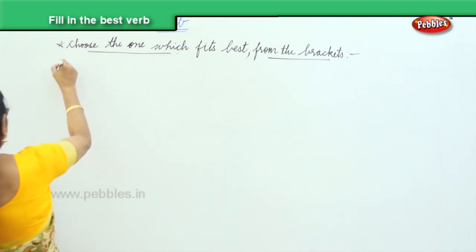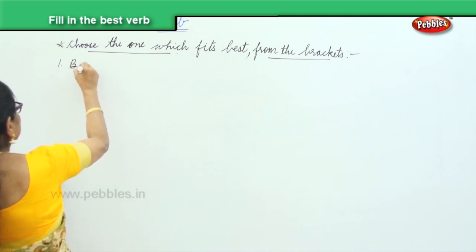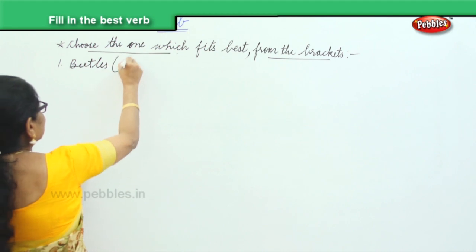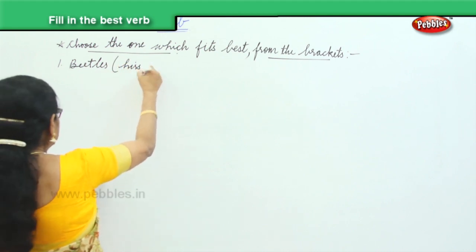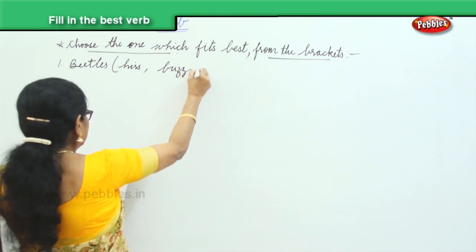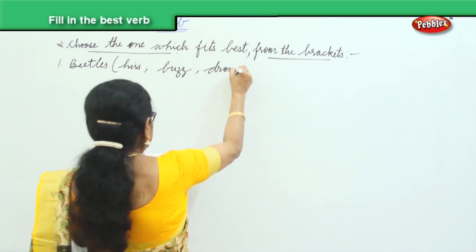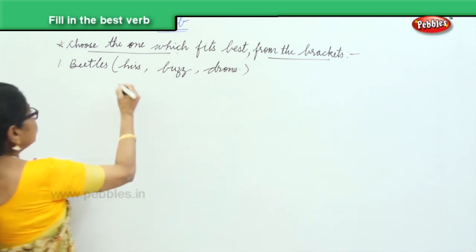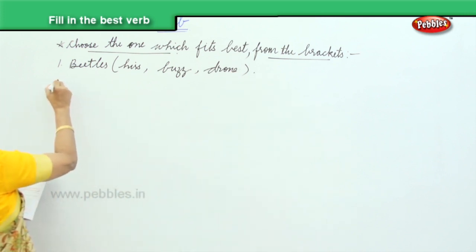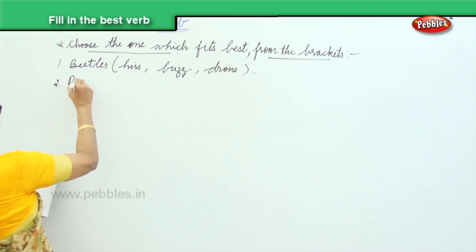Look, the first we have here is beetles. We have beetles and you have the sounds hiss, buzz, drone. So you choose the best. Second, we have pigs.